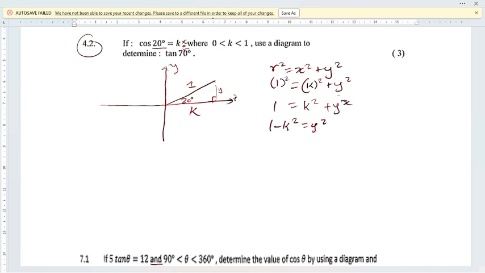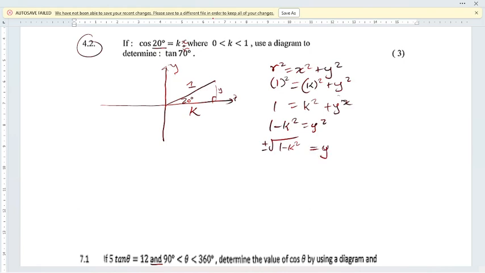Now take the square root of both sides. When you take the square root of both sides, you write positive or negative. So the positive or negative square root of 1 minus k squared equals y.